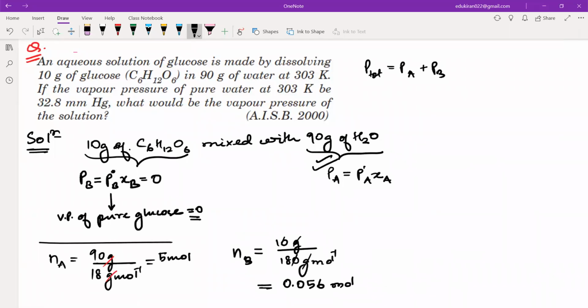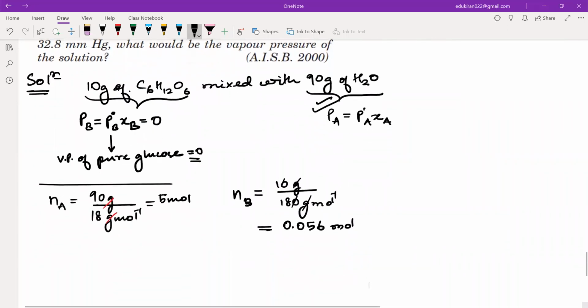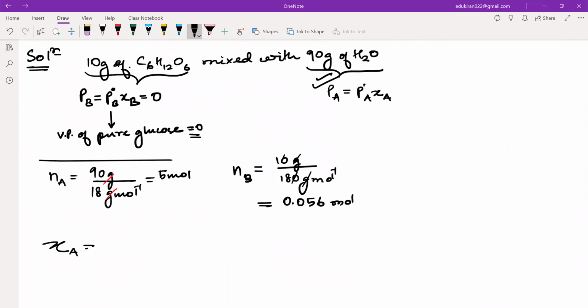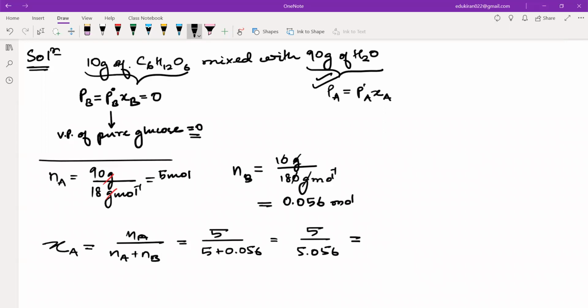Now from here you can calculate the mole fraction of A. It will be equal to number of moles of A divided by number of moles of A plus number of moles of B. It will be equal to 5 upon 5 plus 0.056, which is 5 upon 5.056.